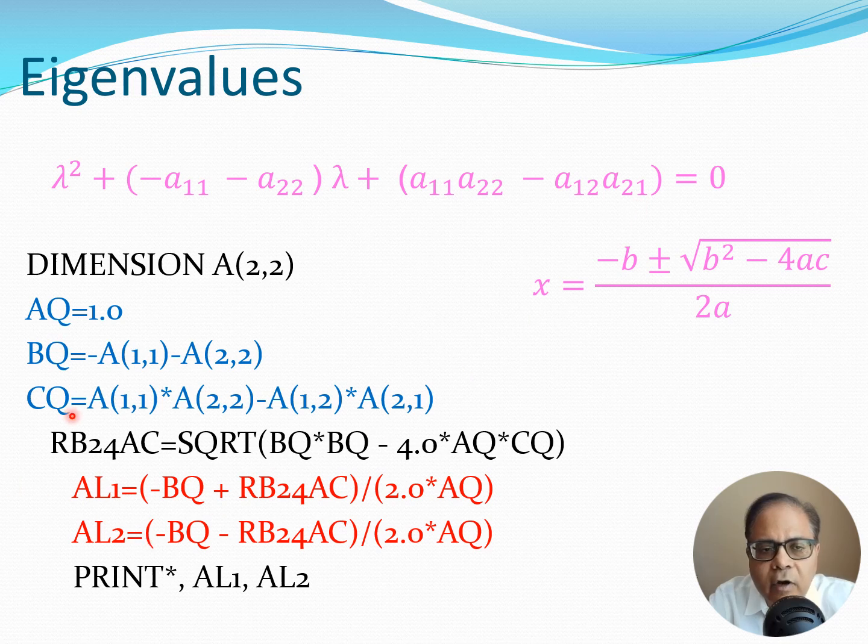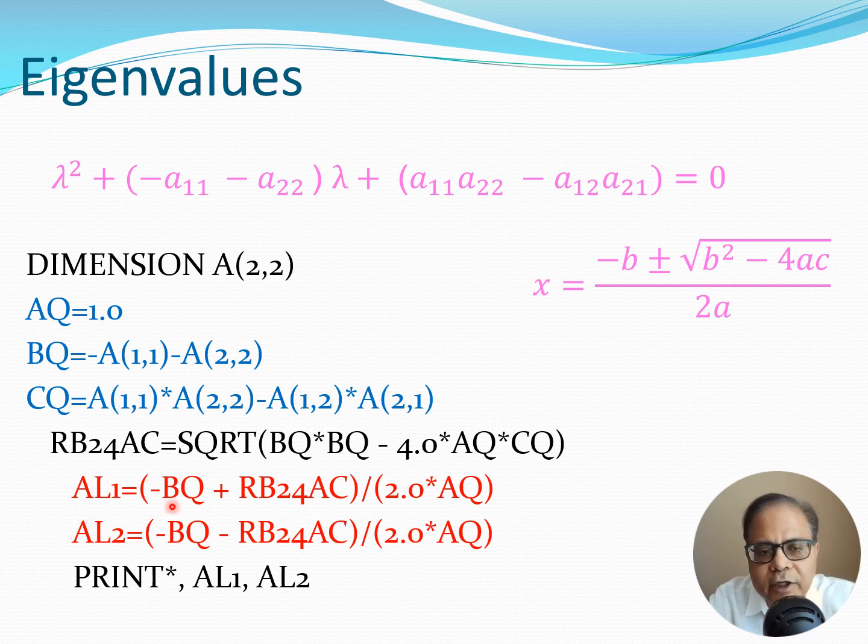So once I have got these values of a, b, c, I can calculate the square root part here. So that would be square root of b square minus 4ac, and then I get the two values of lambda. So again, in case all these elements are integers, I am converting it to float. Remember, L would be an integer, so AL would be the real.